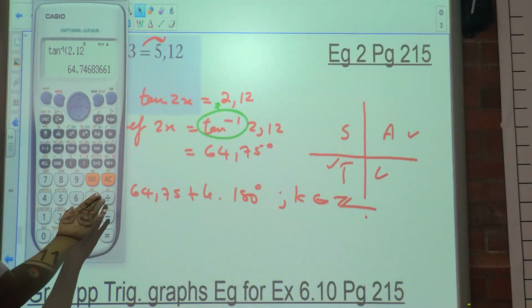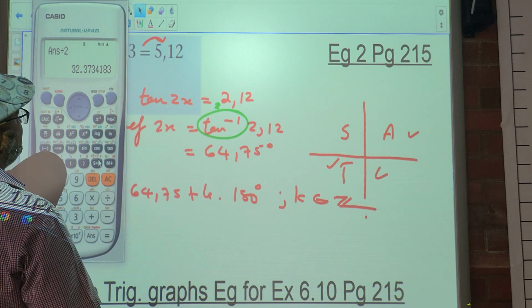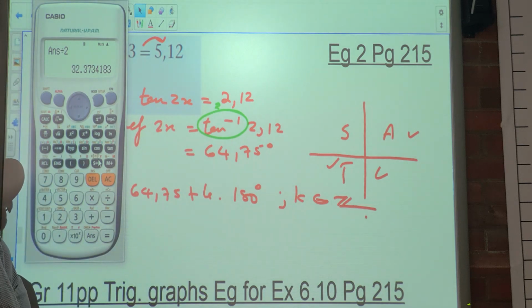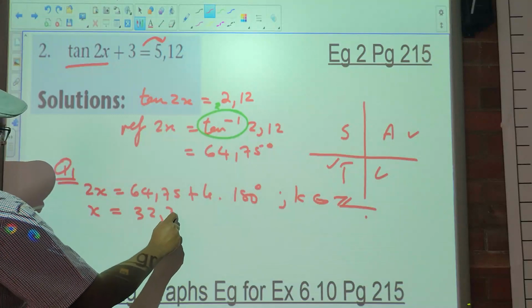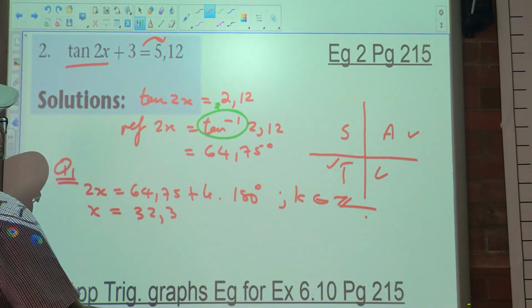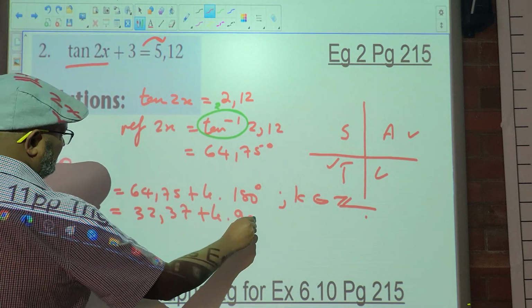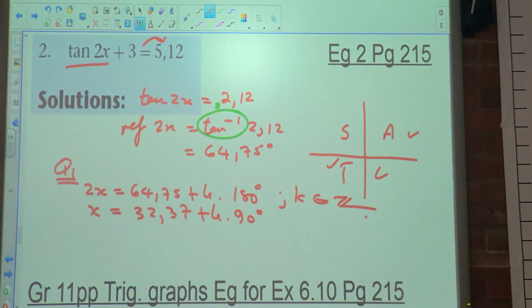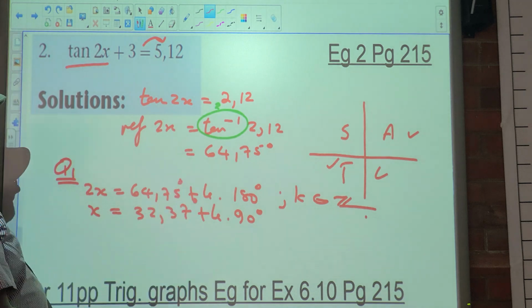So 64.75 divided by 2 gives an answer of 32.37 plus k times 90. Did I give you a restricted domain here? No. So that's your answer: 32.37 degrees plus k times 90.